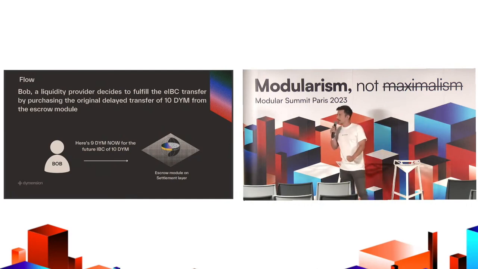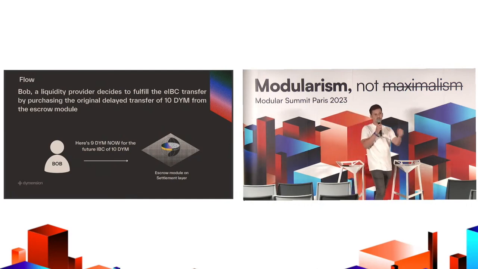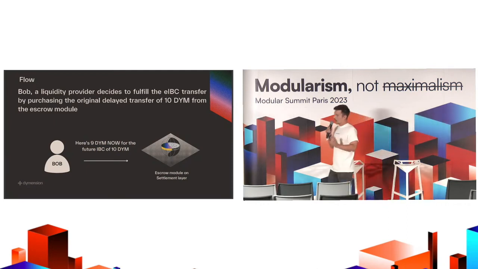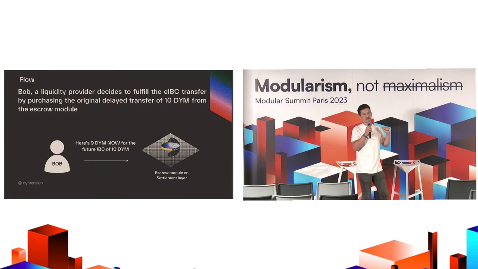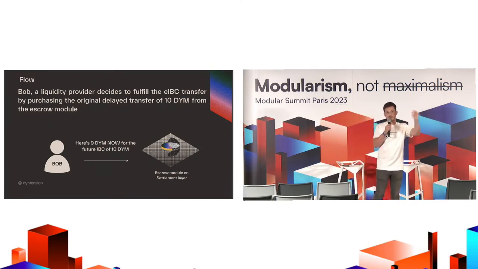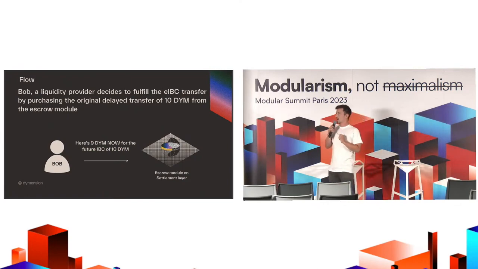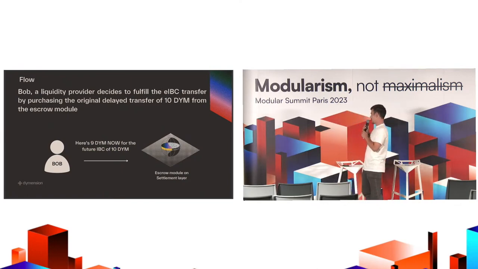So Bob is capable of purchasing a future withdrawal and paying 9 dime right now. Remember, Alice wanted to pay a fee for getting out of the rollup immediately. So she's willing to get 9 dime for 10 dime in the future, which Bob is willing to wait for. So Bob actually sends the 9 dime to the settlement layer escrow module.